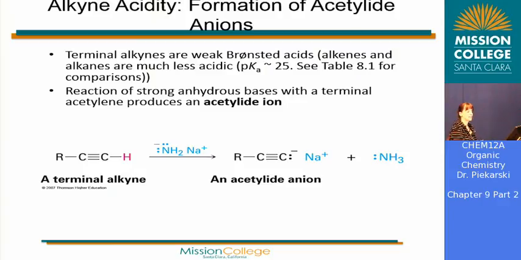The best ingredient to use is sodium amide. And this is what's going to be eventually called the sodium amide coupling. So what happens is that these electrons pull off this proton, and these electrons go onto this carbon. You make ammonia, and you have the acetylide anion. Okay? Very easy, very simple reaction.